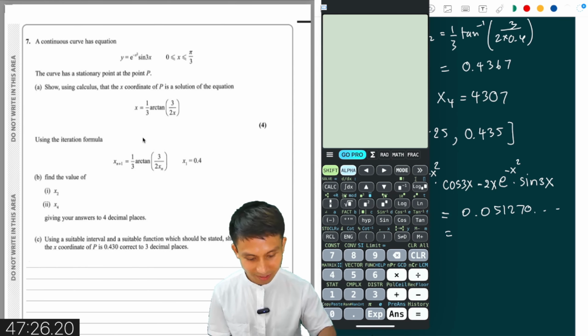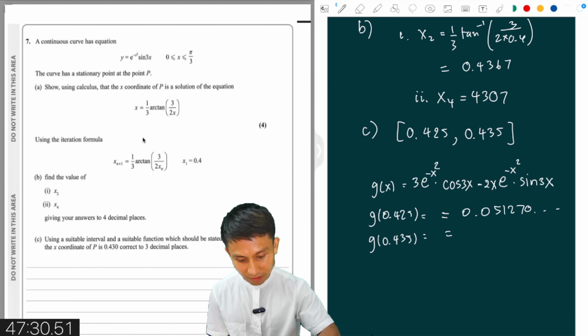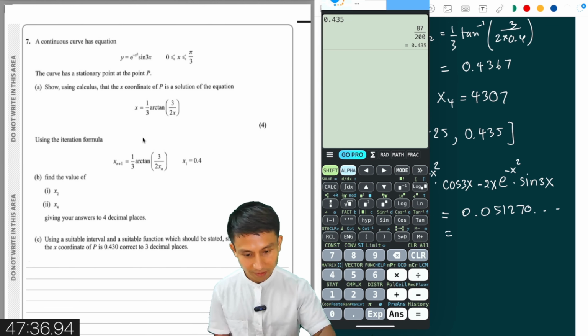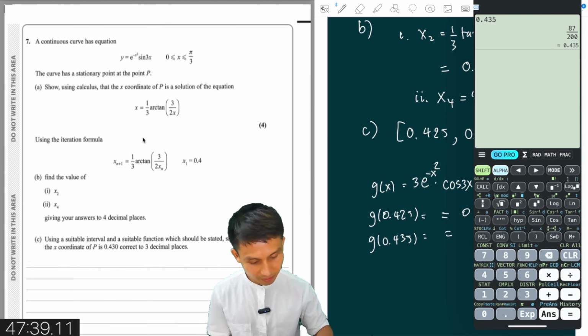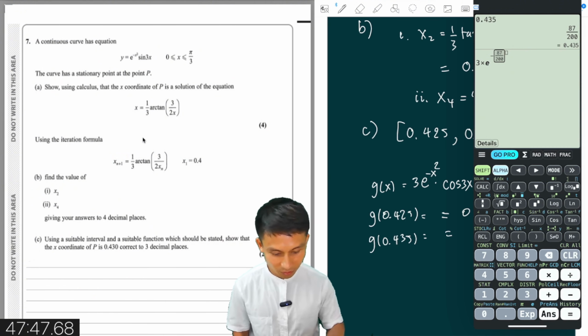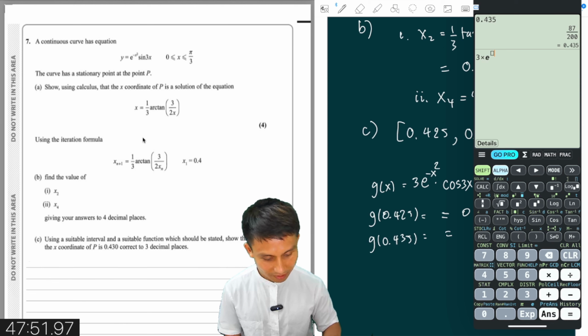Oh, I still do another one. Okay, hang on. The next one is 435, right? So 0.435 equal, and that's stored. So start over again. 3 times e to the minus answer squared. Wait, where's the minus sign?